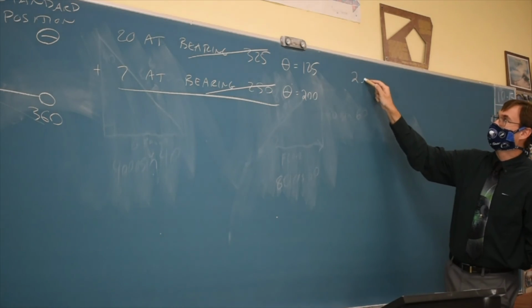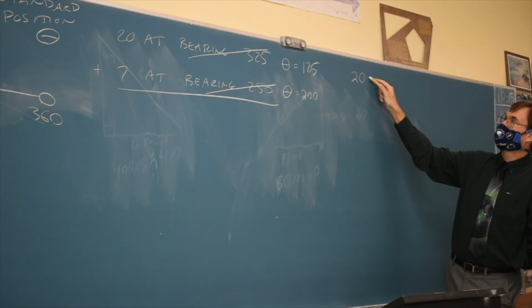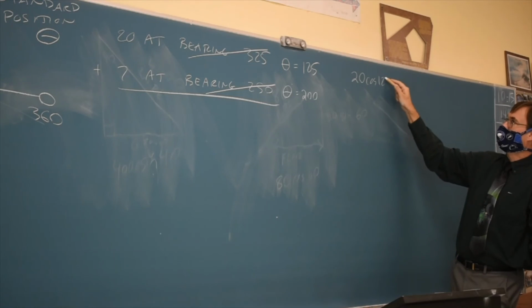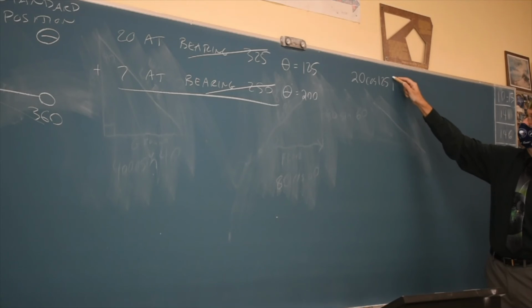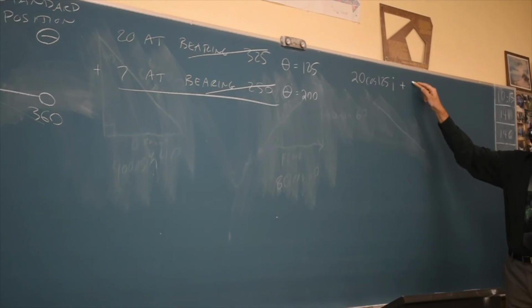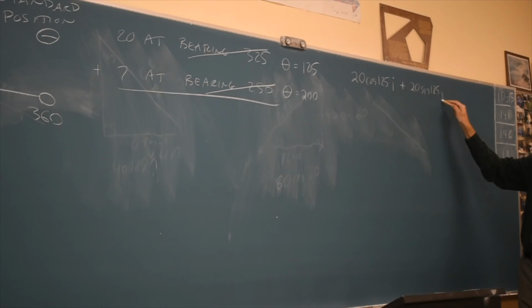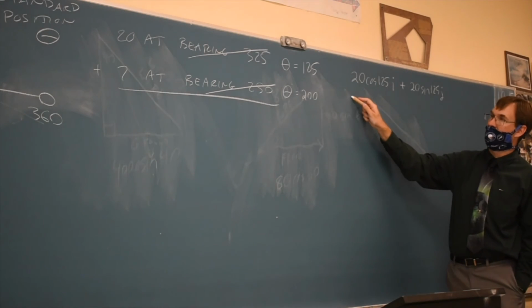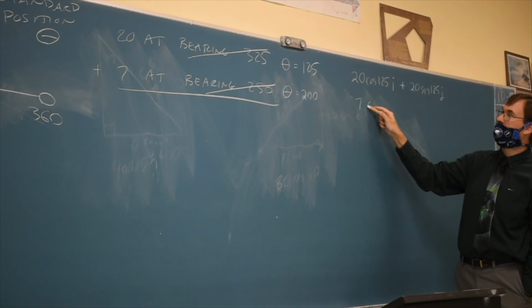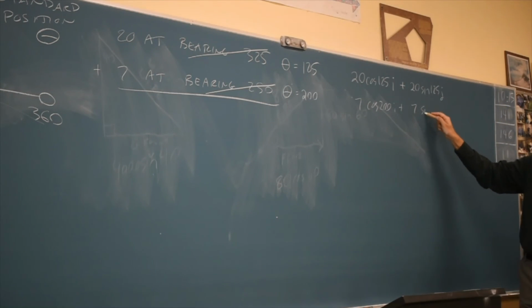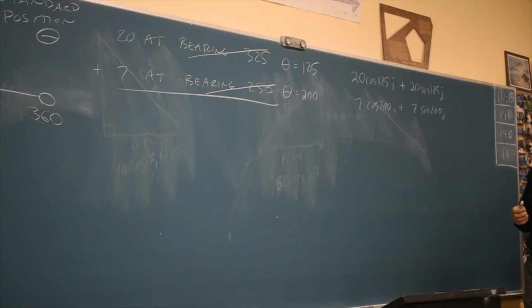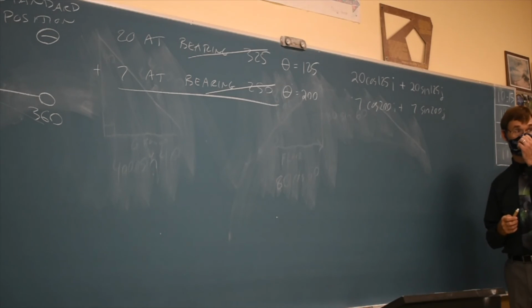Yeah, so we go 20 cosine 125, and that was called an I component, plus 20 sine 125 J. That was the J component. Do the same to this: 7 cosine 200 I, and then 7 sine 200 J. That was our first move, make the components.